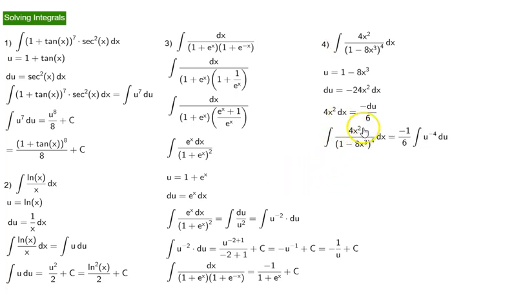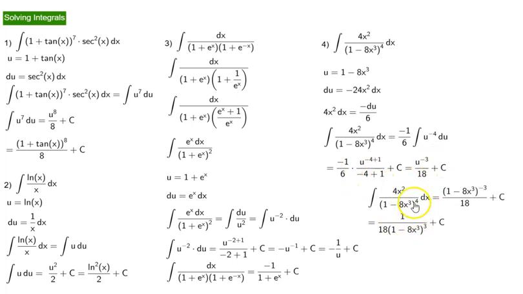So now the integral 4x square by (1 minus 8x cube) to the power of 4 dx becomes minus 1 by 6 integral u to the power of minus 4 du. And we know that if we integrate u to the power of minus 4 du, we get u to the power of minus 3 by 18 after simplification.